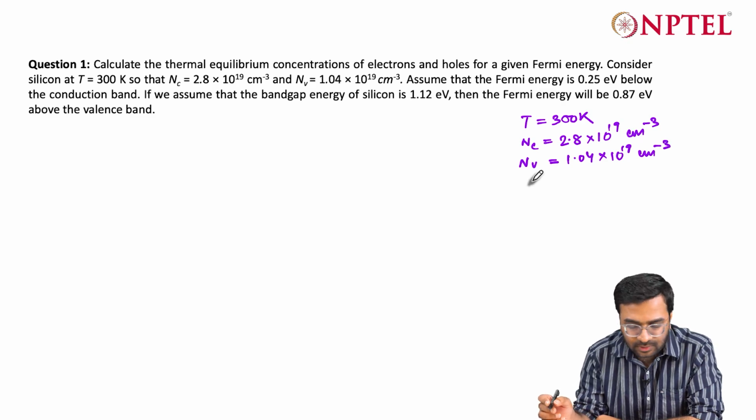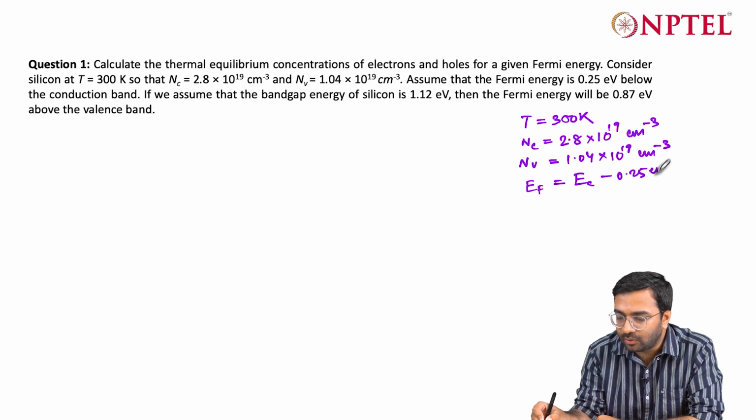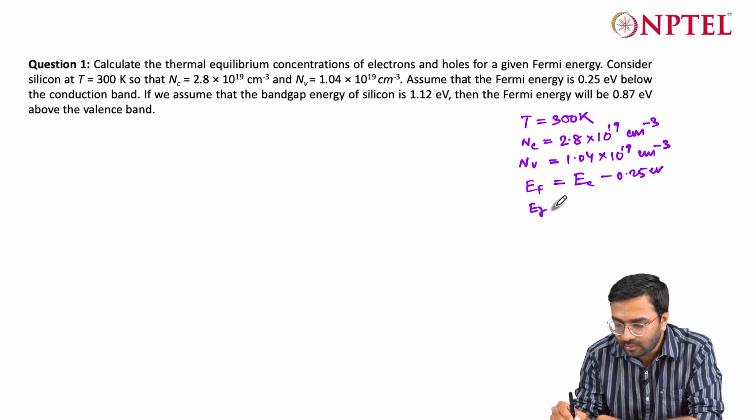I already have explained this. So, your Fermi energy level EF is EC minus 0.25 electron volt, and then the value of Eg is also given, which is 1.12 electron volt.